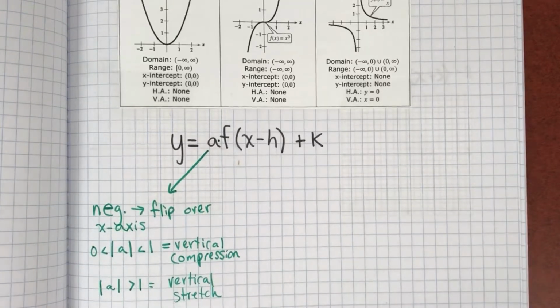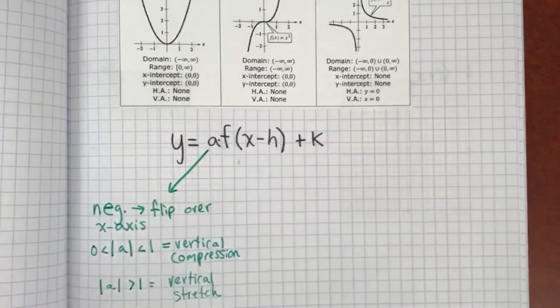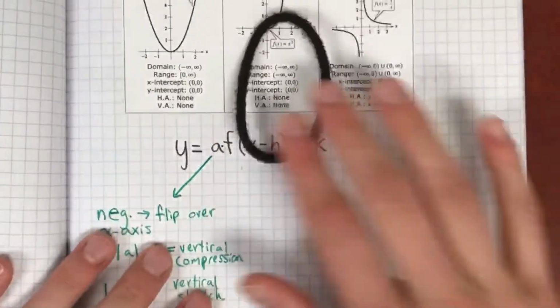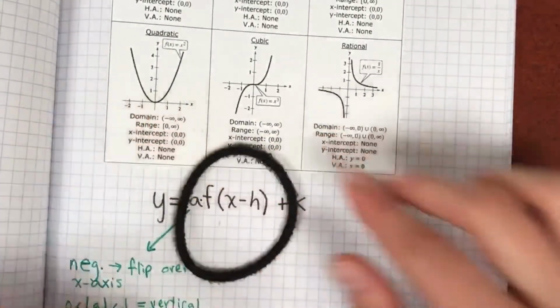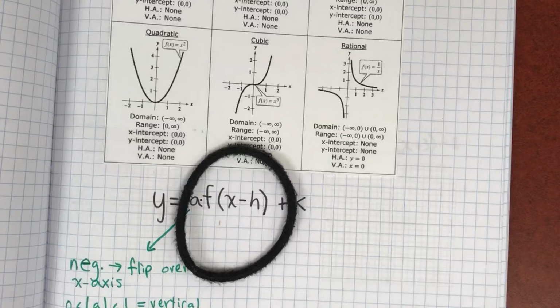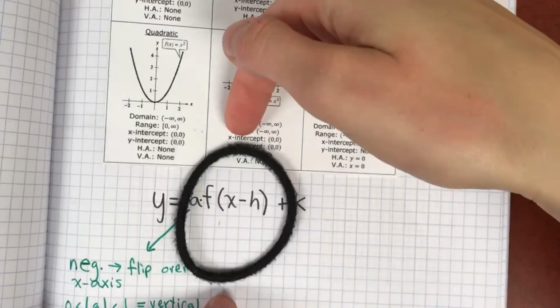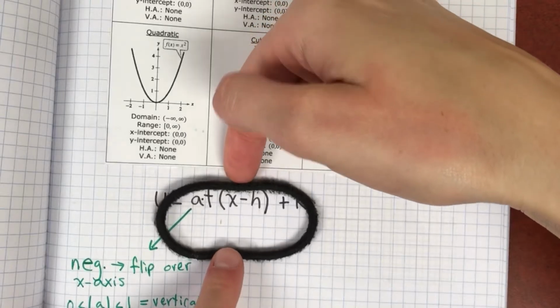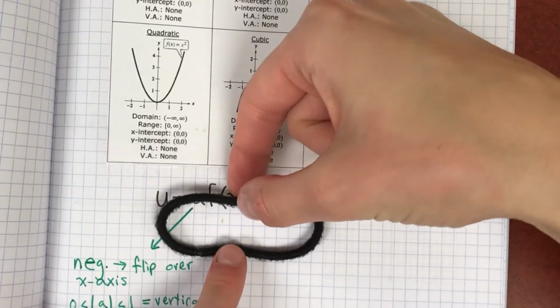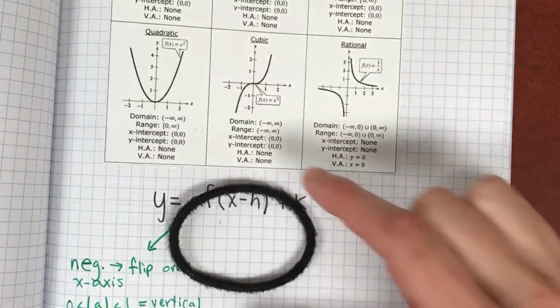And the way I like to think about these stretches and compressions is kind of like a hair tie. So assuming that this hair tie maybe was a quadratic, okay? A compression, we're going to push it together and it's going to make it wider. So our graph would become wider.